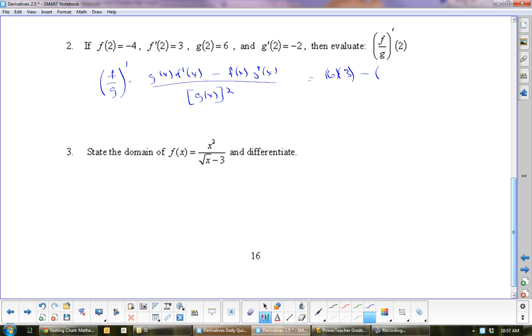Okay, and then I have f of x is negative 4, and g prime of x, sorry, is negative 2, and that's all over g of x squared, 6 squared. So this gives me 18 minus 8 over 36, which is 10 over 36, which equals 5 over 18.